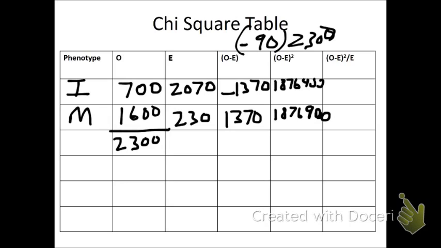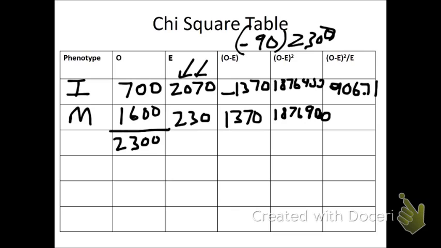Finally, O minus E squared over E. So we'll take the 1,876,900 and we're going to divide that by the expected value for interphase, which is 2,070. When we do that, we get 906.71.